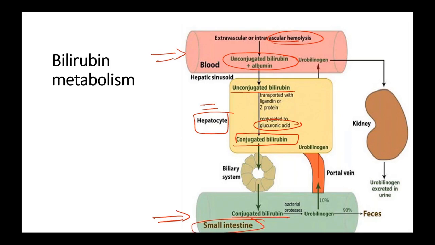In the intestine, bacterial enzymes convert bilirubin into urobilinogen, goes to feces as stercobilin, and then to kidney as urobilin, and then the rest is absorbed back into the portal vein. So this is the bilirubin metabolism.